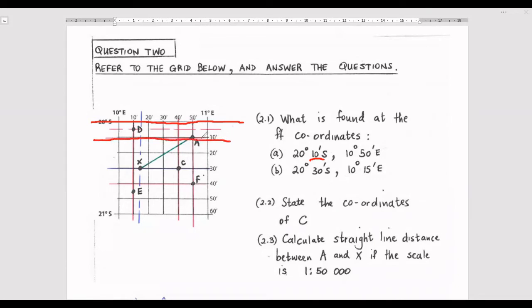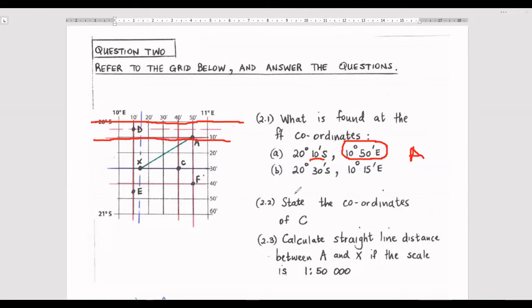So somewhere on this line, you'll find your answer. Now, clever as we are, we don't even have to work out the longitude, which is 10 degrees and 50 minutes east, because on that line there's only one letter, which means that for question number 2.1a, the answer is going to be A.